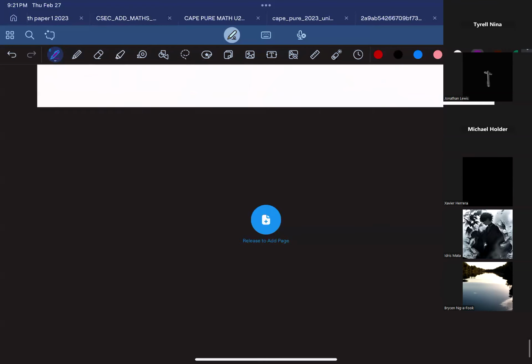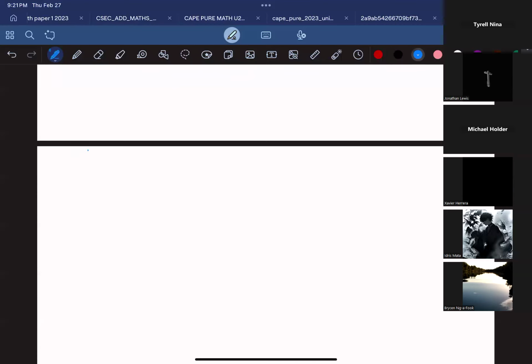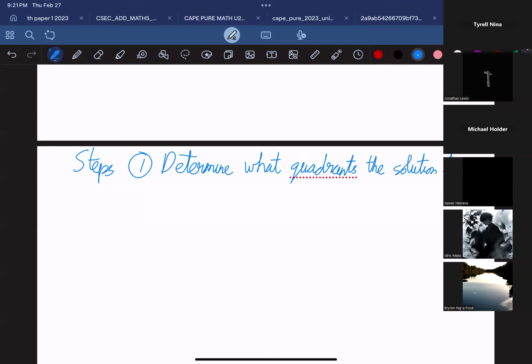Now our steps. Step 1: Determine what quadrants the solution lies in based on the trig function and sign of the value.